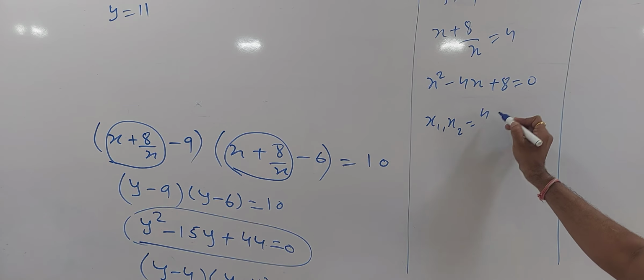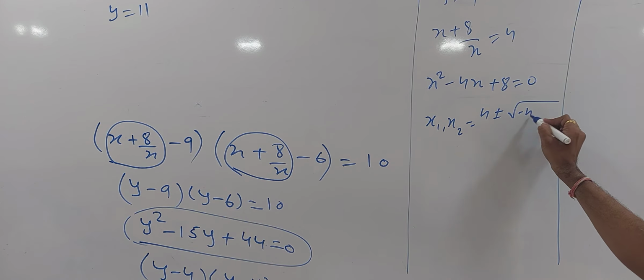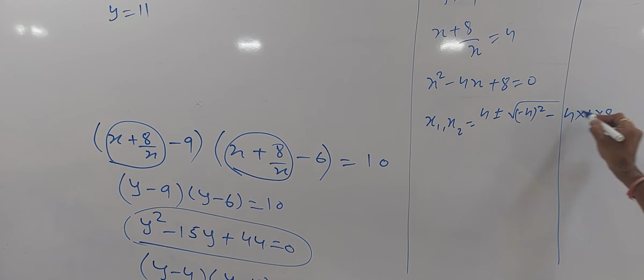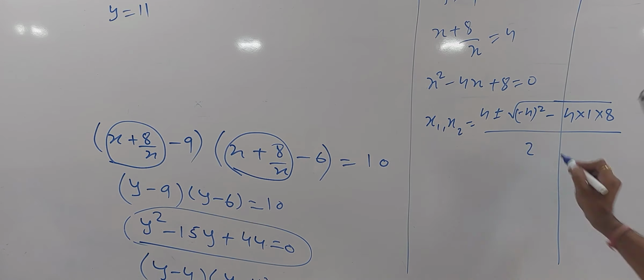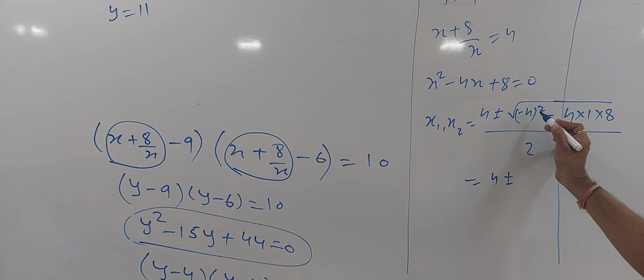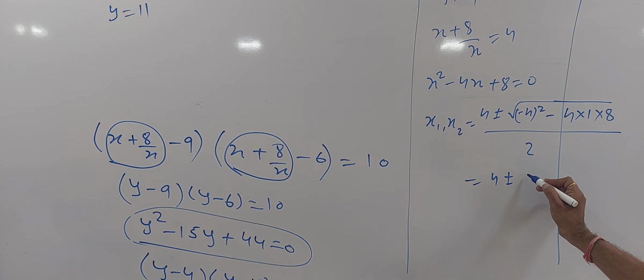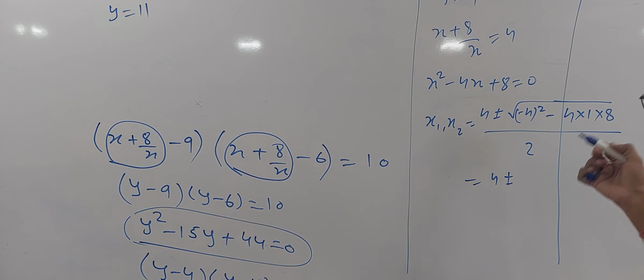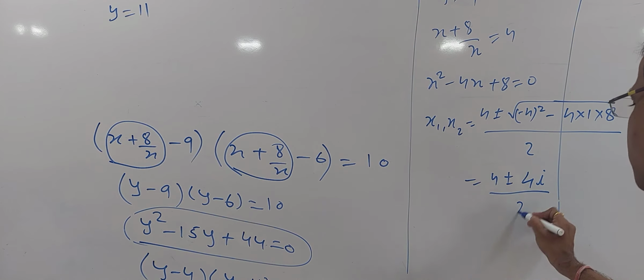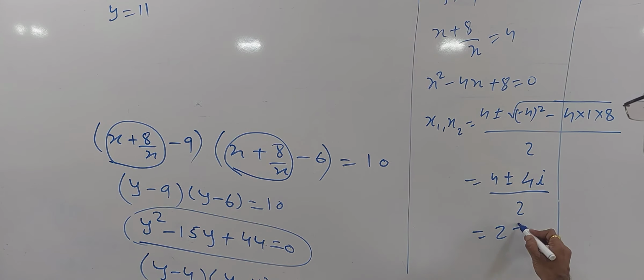That is minus b plus or minus square root of b square minus 4ac upon 2a, and I am getting 4 plus or minus, this is 16 minus 32, that is minus 16, so minus 16 will give me 4i upon 2. So when I took common, it is 2 plus or minus 2i. So that is the answer I am getting.